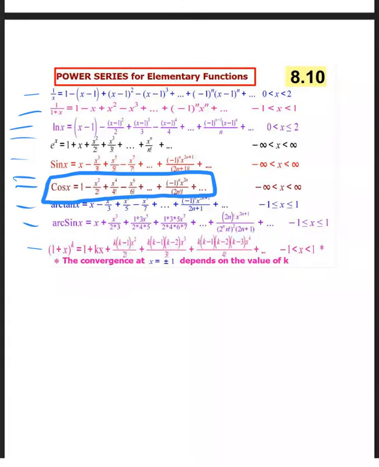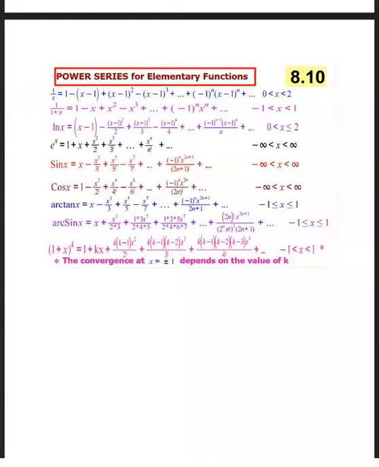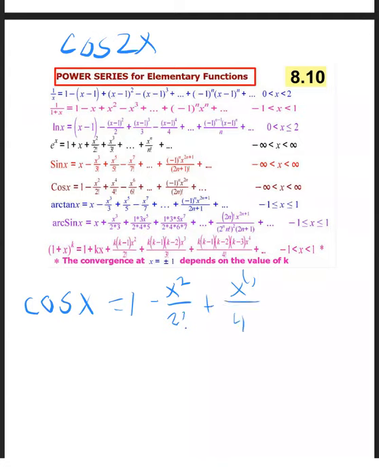All right. So now we're going to do that. So if we're just going by this formula over here, I'm just going to do it on this page. It was asking for cosine of 2x. We know that cosine of x is equal to 1 minus x squared over 2 factorial plus x to the 4th over 4 factorial minus x to the 6th over 6 factorial plus dot dot dot.